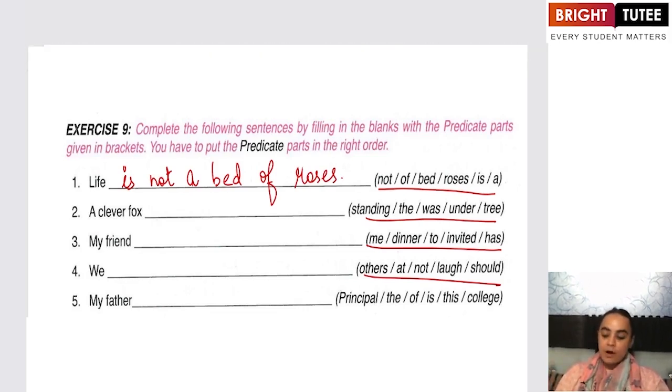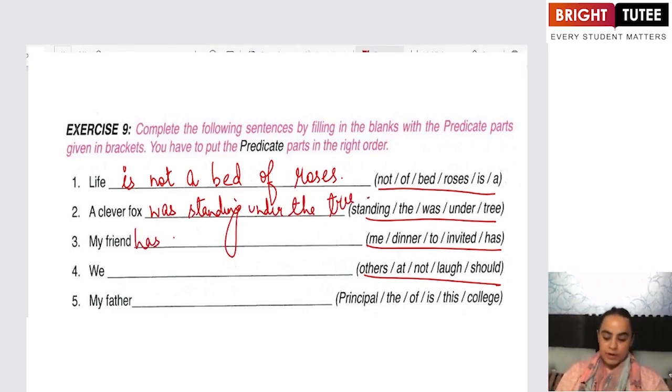A clever fox was standing under the tree. My friend has invited me to dinner.